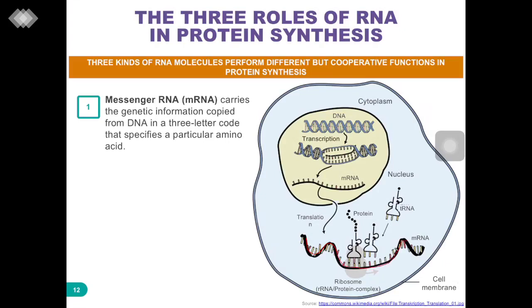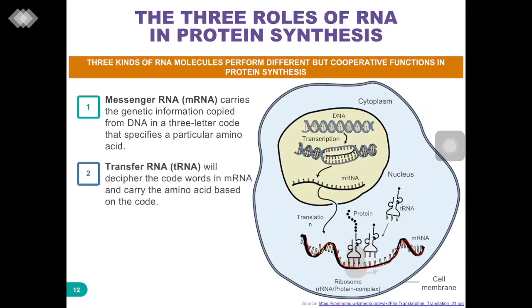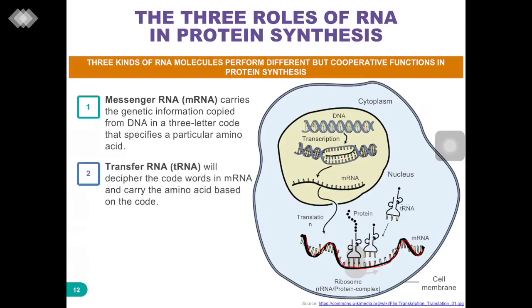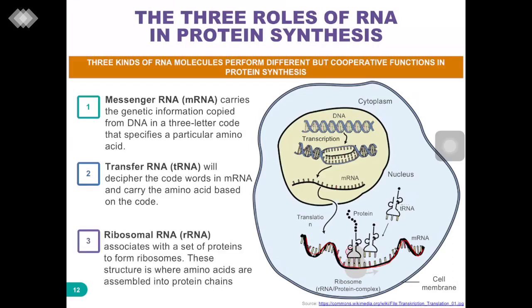Since it is a copy from the DNA, it contains information to produce protein molecules. When protein needs to be synthesized, you need transfer RNA, because transfer RNA will carry amino acids. The process of protein synthesis happens in the ribosome, in the ribosomal RNA. So this is the connection between these three RNA molecules in protein synthesis.